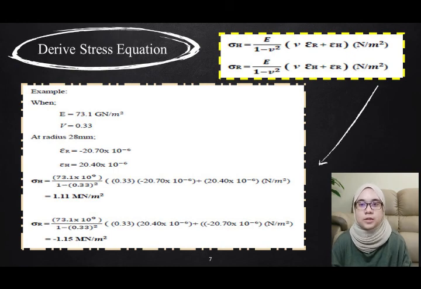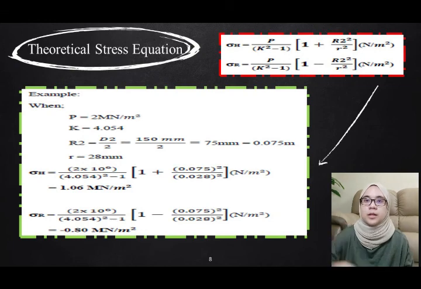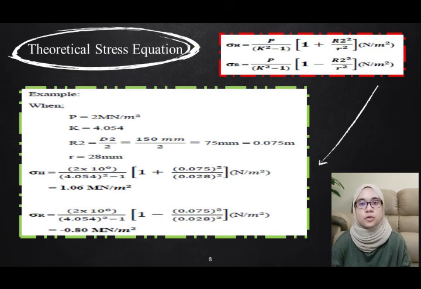While for the radius stress, after we key in all the values, we got negative 1.15 meganewton per meter square. So for the theoretical stress equation, we find the value for the hoop stress and also the radius stress, same as in the derived stress equation.